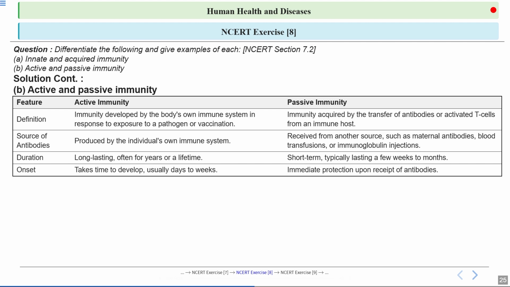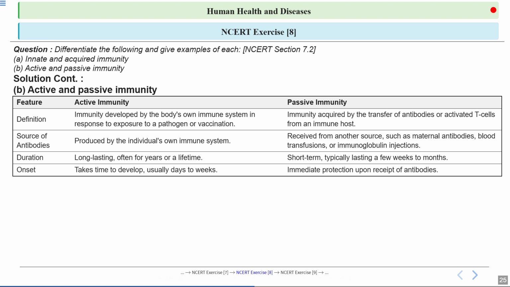Now passive immunity is triggered by transfer of antibodies from another source. Those antibodies can be directly injected into the person, such as maternal antibodies, antibodies present in the colostrum. They are transferred to the newborn during breastfeeding. Then blood transfusions or immunoglobulin injections can also be used.